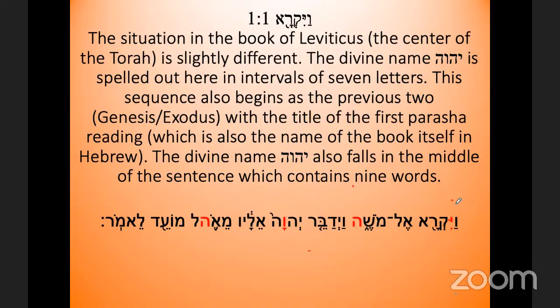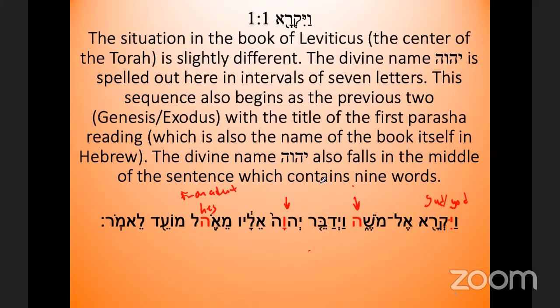We have Yud. You can say, I say Yud, but you can also say Yod. Moshe, so Moses. We have a Hey, and then we have the divine name right in the middle, and then we have a Vav, and then we have Me'ohel, from a tent. Ohel is tent, and we have the Hey.